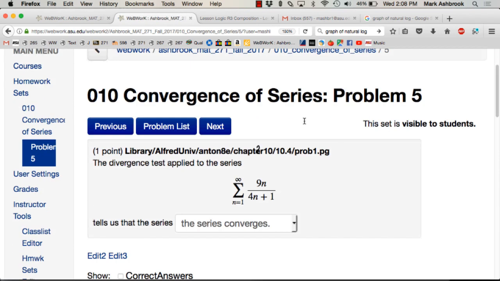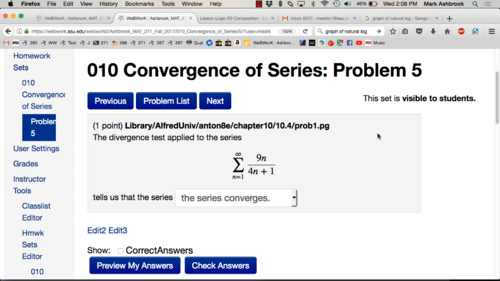So how about this one, last one? All we have to ask is, does the series converge? Yes or no? Always look at the sequence first. What does the sequence do? The sequence gets closer and closer to 9/4.